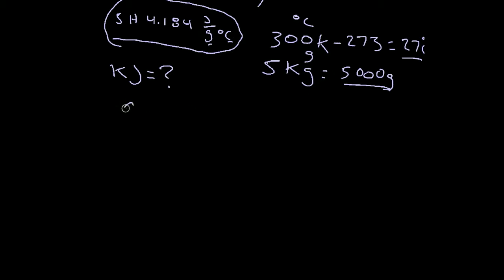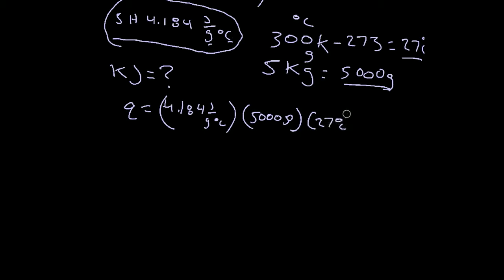So we know that energy, or joules, equals specific heat, which is 4.184. Looks like a Y, but it's really supposed to be a 4. Rewrite that there. Joules per gram per degree Celsius times 5,000 grams times 27 degrees Celsius.